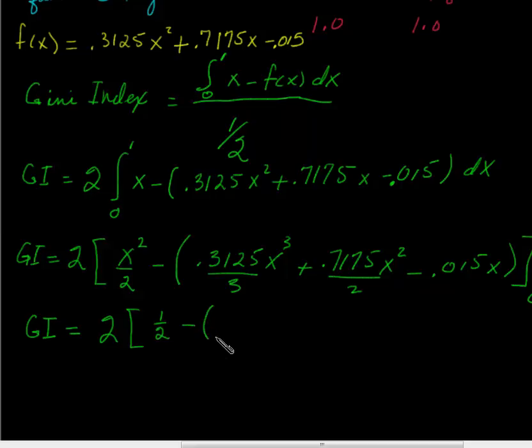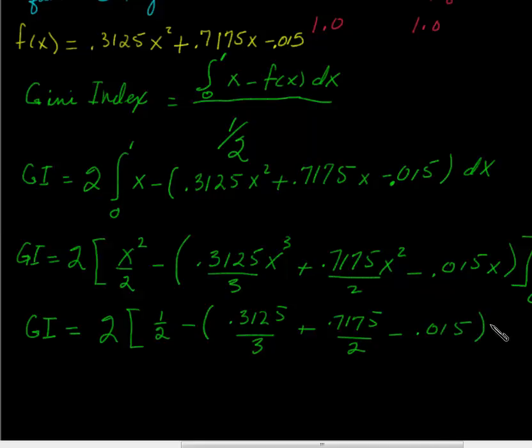So you see how this is going to go. 1/2. Keep the minus in the parentheses for right now. This is going to be a 1. So we'll have 0.3125 over 3 plus 0.7175 over 2 minus 0.015.